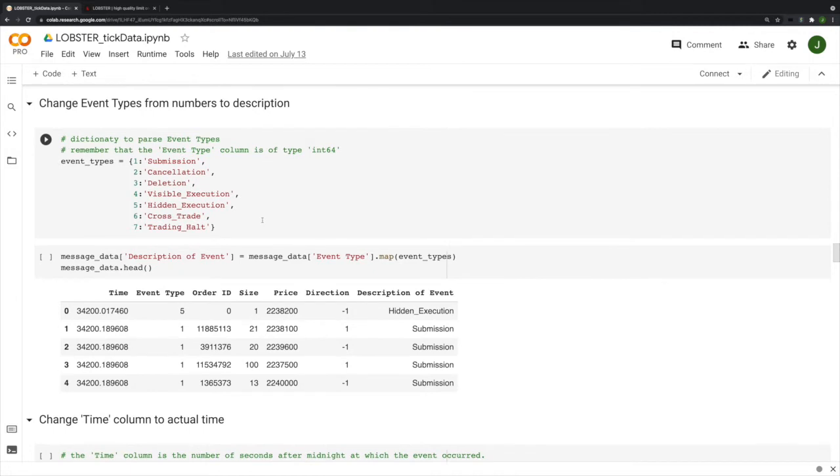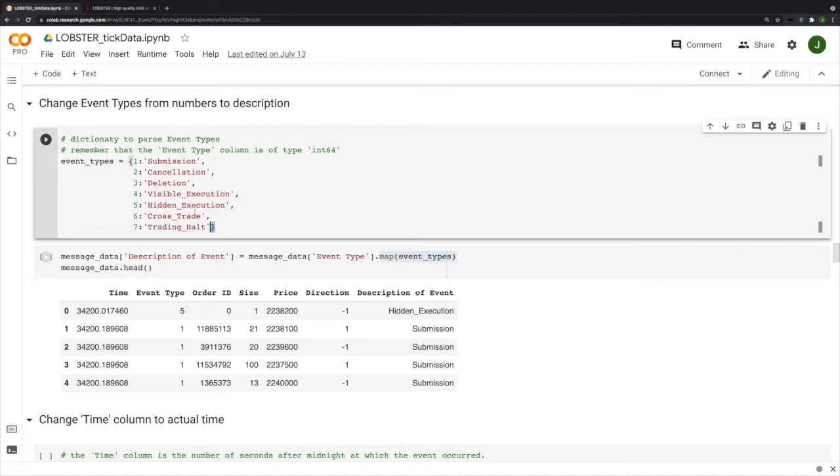But the event types are great, but they don't really tell us what we're looking for. So here I've just changed it. 1 is a submission of a new order, 2 is a cancellation of an order, 3 is deletion of an order, 4 visible execution, then hidden execution, and so on. And so I'm just mapping the new, informative information into it.